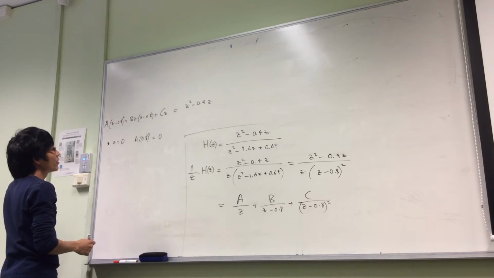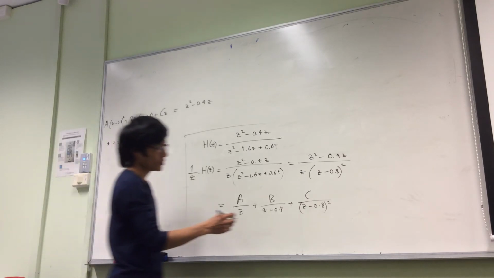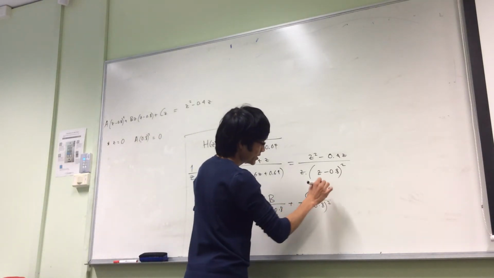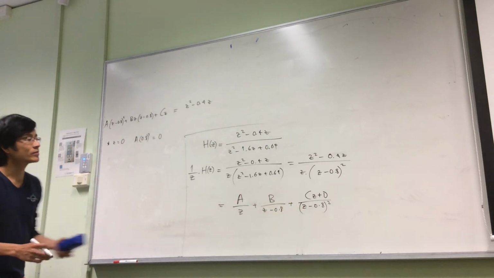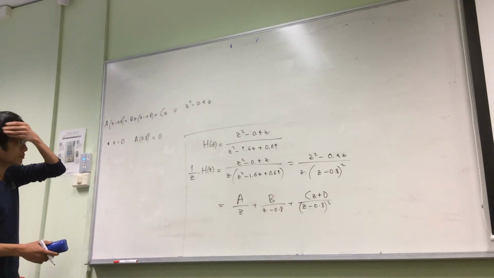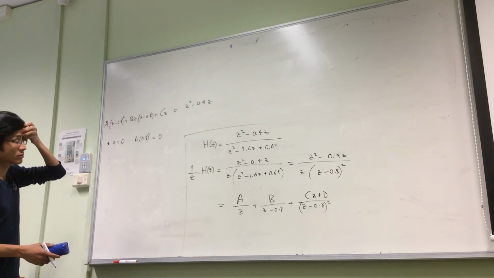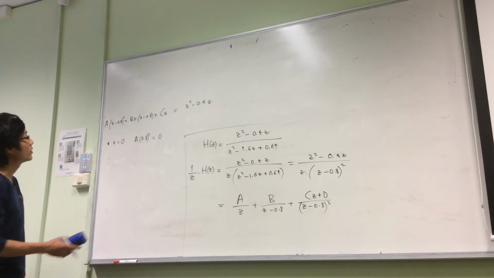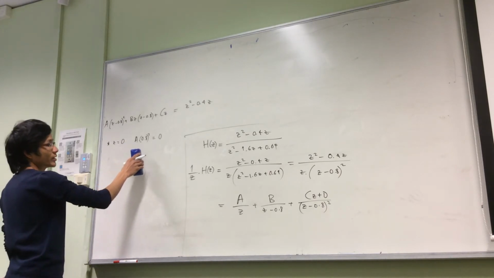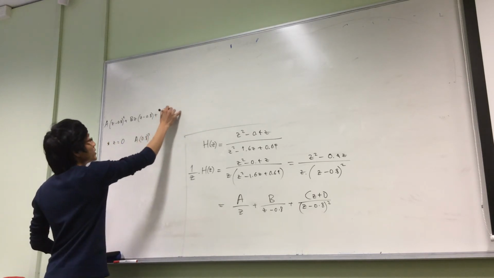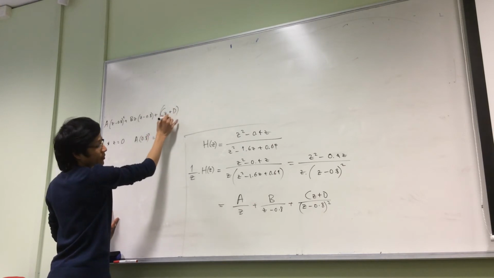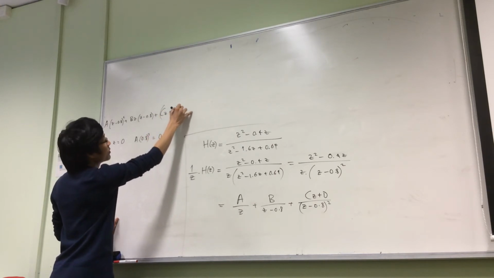So I will use 0. Not quite right. So this one should be CZ plus D. Sorry, it is second order, so this one has to be first order. 0.8 squared, how much will that be? 0.64. 0.64 divided by 0.64, Z plus D multiplied by 0.